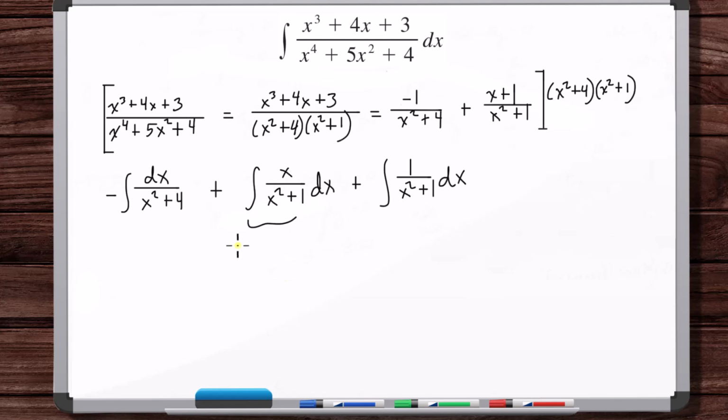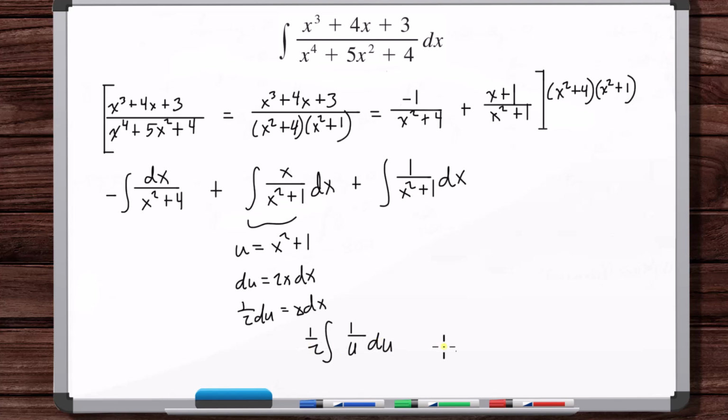Okay, so u is equal to x squared plus 1, du is equal to 2x dx, 1/2 du is equal to x dx. So we've got 1 over u du with the 1/2 out front.